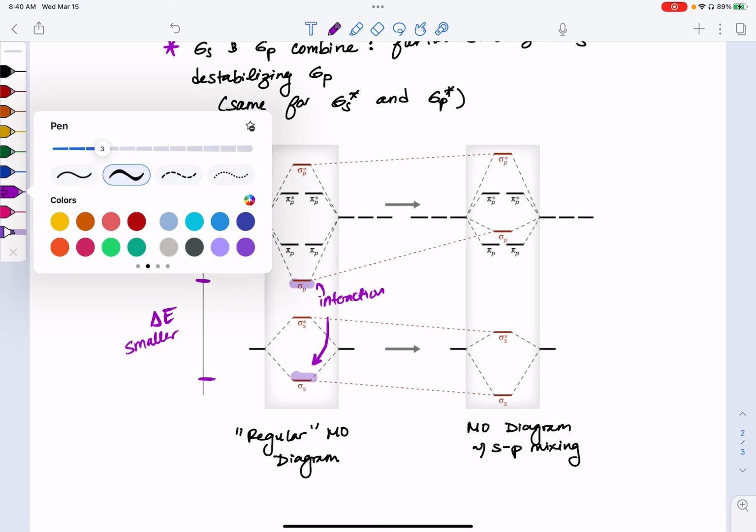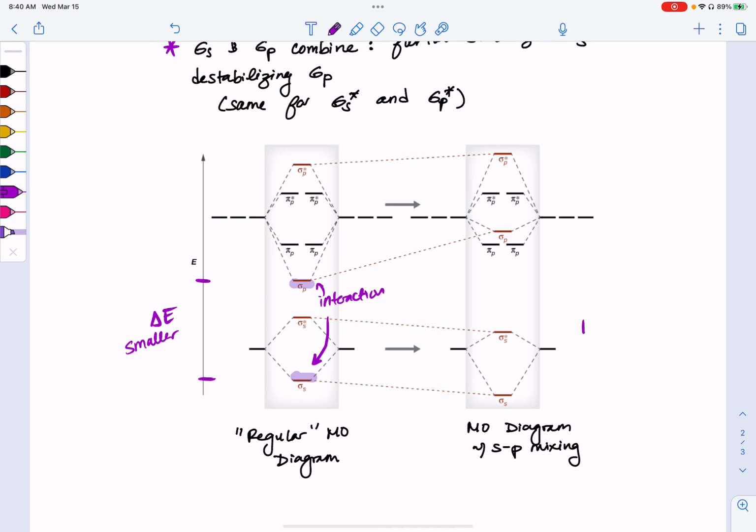We see here that the sigma s star and the sigma s have both been stabilized, or the energy is lowered. And we've also seen up here that the sigma p and sigma p star have been destabilized, meaning their energy is increased.